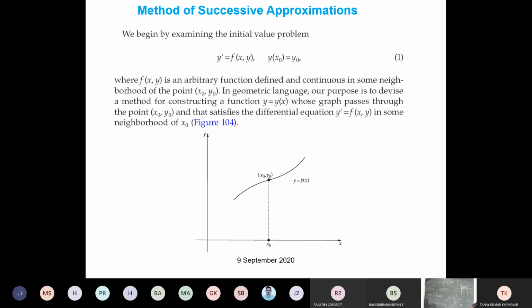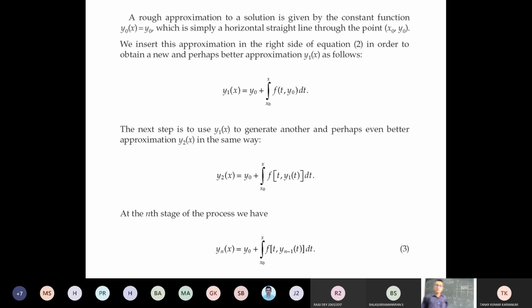Okay, so this is what we can see. Fine. This way we will go on improving my approximations one by one, and eventually we will later prove that this sequence is going to converge to the solution of the given differential equation. That's what we are going to do.